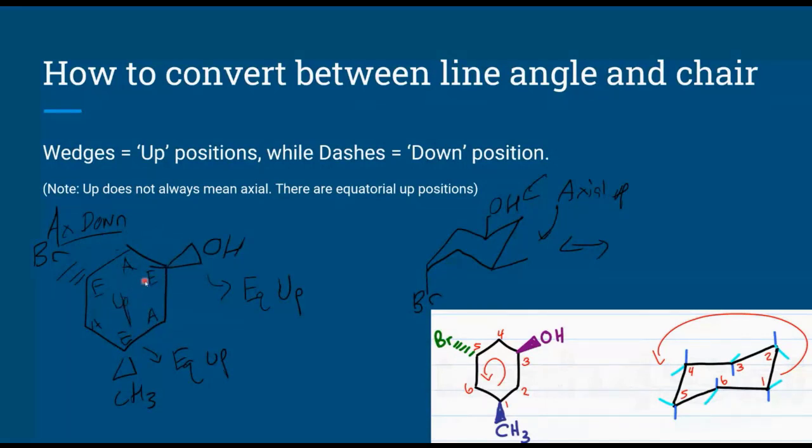So what I'm saying is, in this position, there should be an equatorial up. Because it's a wedge, I know that means it's equatorial up. In this position, the wedge should indicate equatorial up. But because it's a dash, it's going to be the opposite, in a down position. So because it's a down, it has to be an axial, because I said equatorial has to be in the up position.